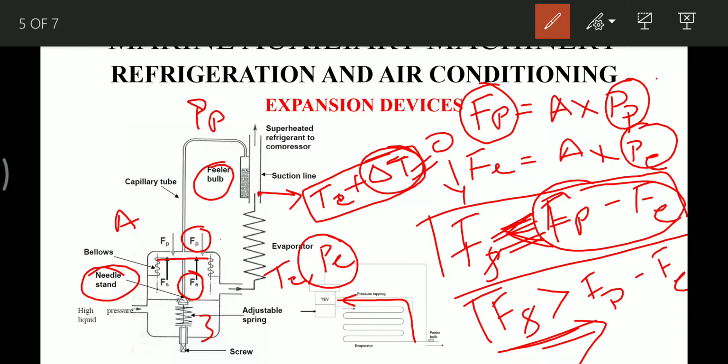That is, the force exerted by the spring in the upward direction is equal to the net force exerted in the downward direction by the power fluid and the evaporator pressure. In that case, the expansion valve operates steadily.